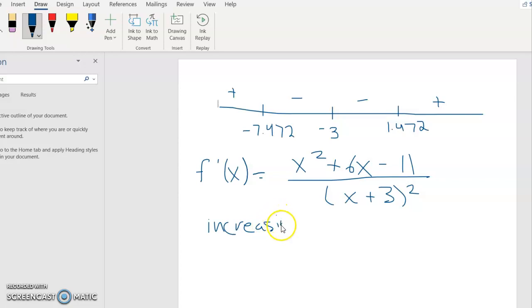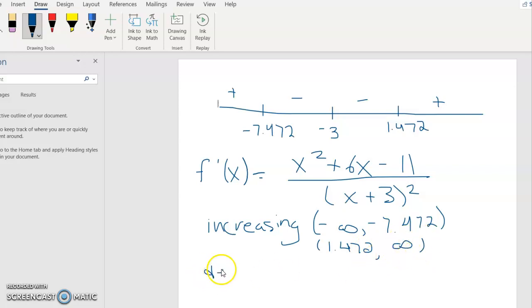We will have negative infinity to negative 7.472, and we will have 1.472 to infinity. And then decreasing. We have to list this as two separate intervals.